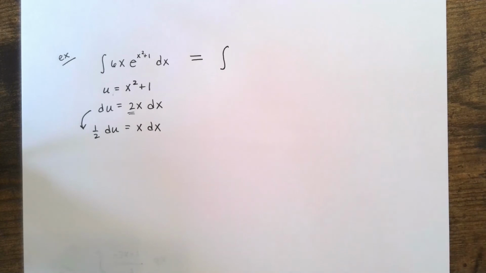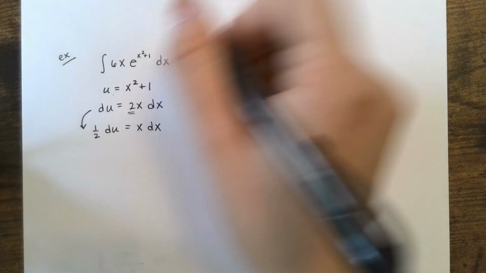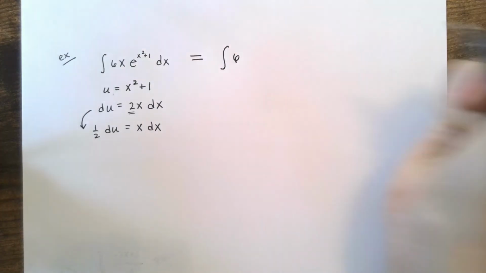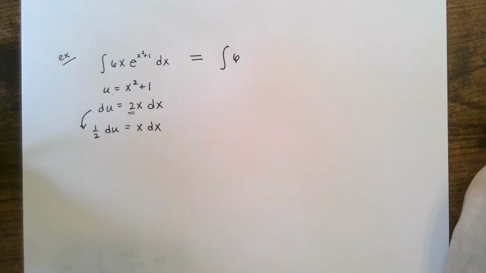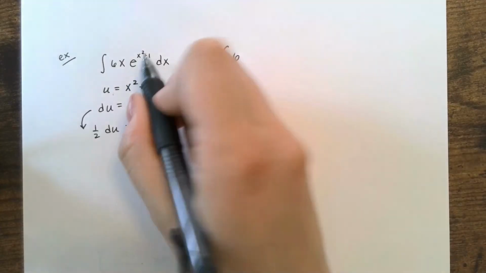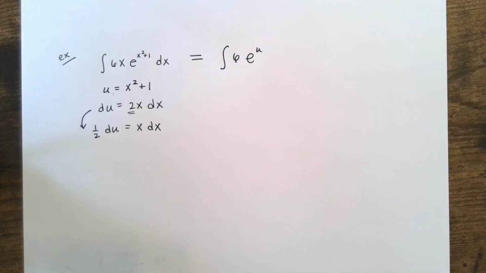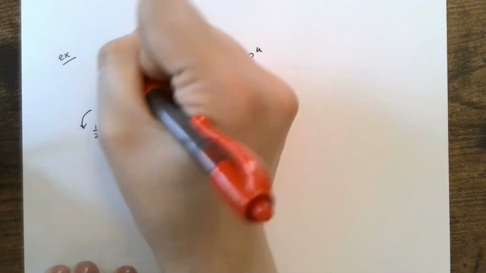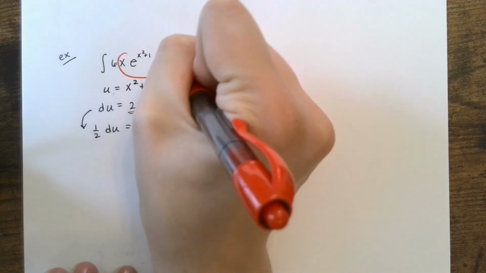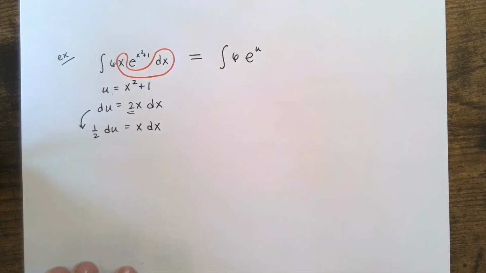All right, so now is the step where I want to switch from x's into u's. There should be no x's left over when I'm done in this step. So I have 6. The x dx I'm going to wait on and just say e to the this stuff is now e to the u. And then notice x dx is what's left over.